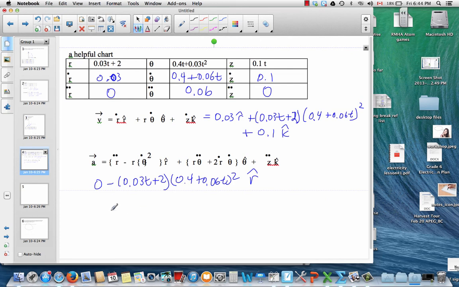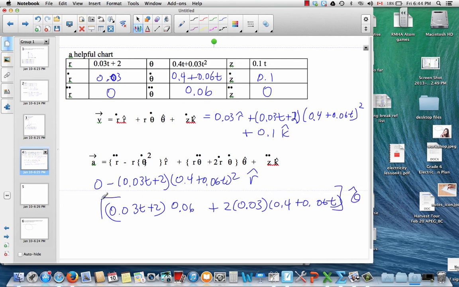Now in the angular direction, there's r, theta double dot is non-zero here, it's 0.06, and we've got plus 2 times r dot times theta dot. So that has 2 angular terms then, 2 terms in the theta hat direction. And then there's nothing in the k direction.